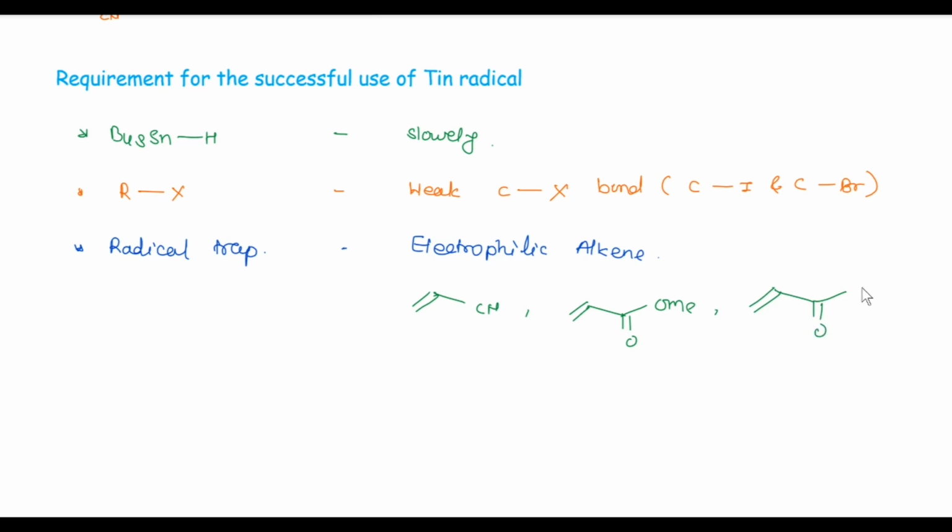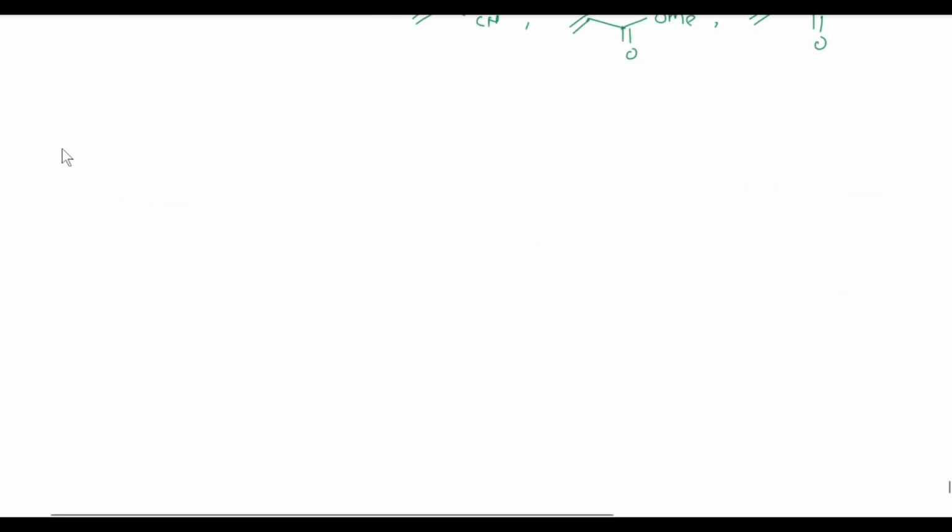like that moiety. The reactivity pattern of radicals is quite different from that of polar reagents. So polar reagents show 1,2 addition, for example organolithium.